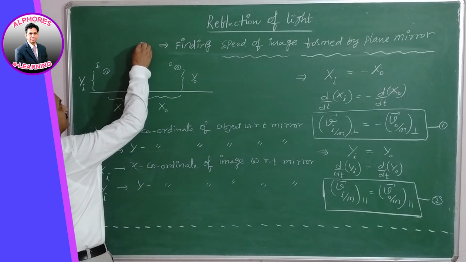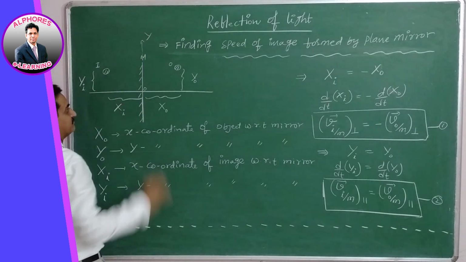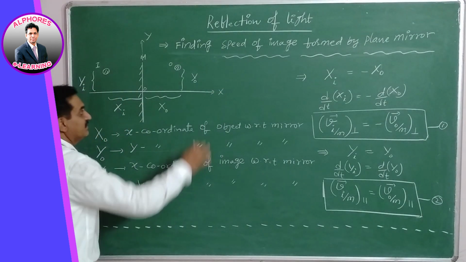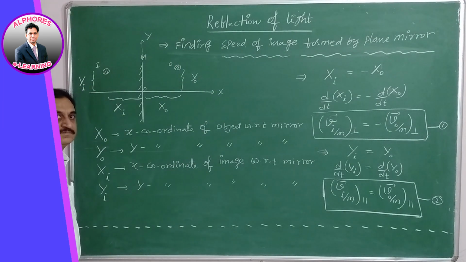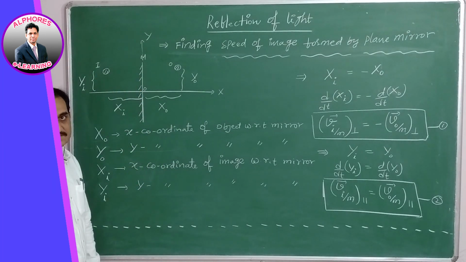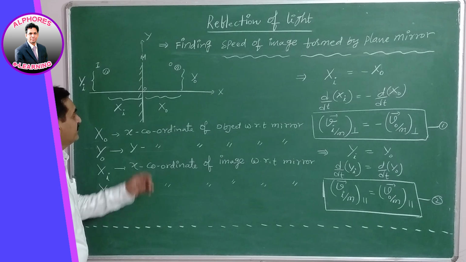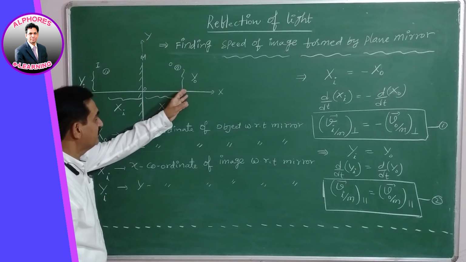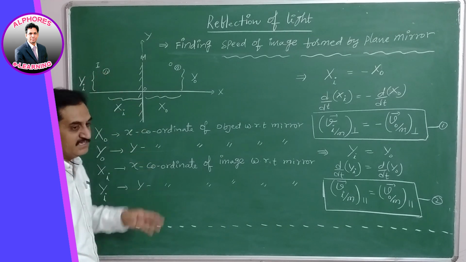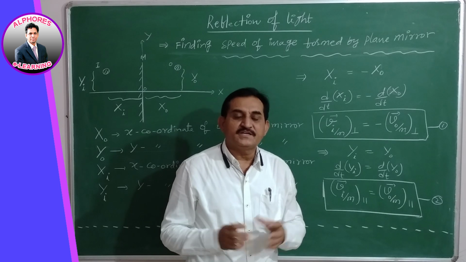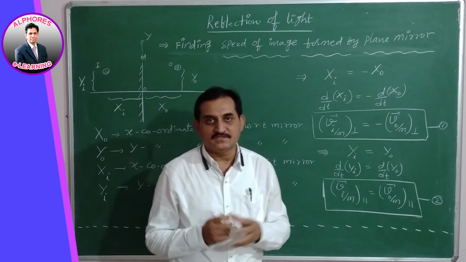That plane mirror is kept along the y direction, and this is the x-axis, x and y-axis. Now why are we taking this plane mirror with the object on one side and the image on another side? We are taking a derivation to attain suitable equations.